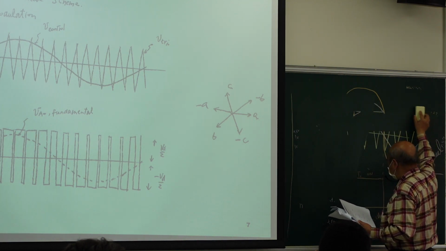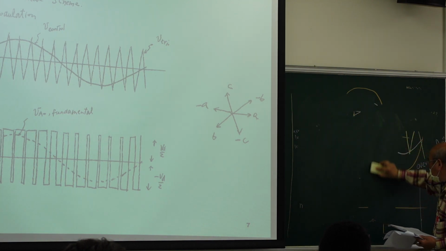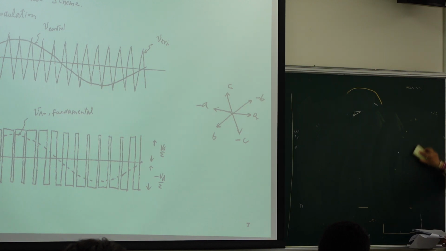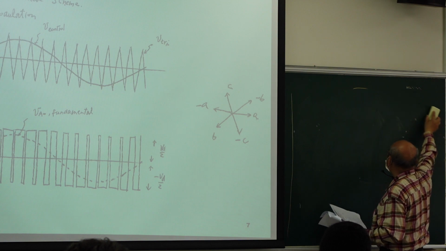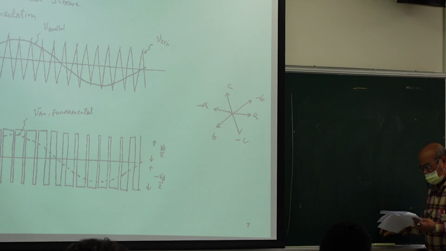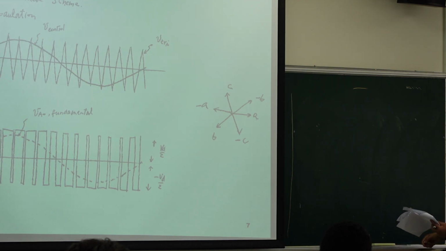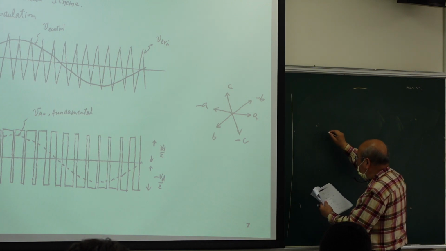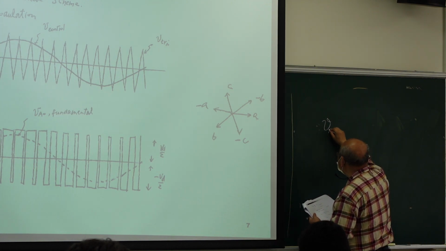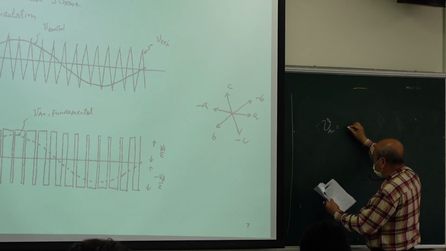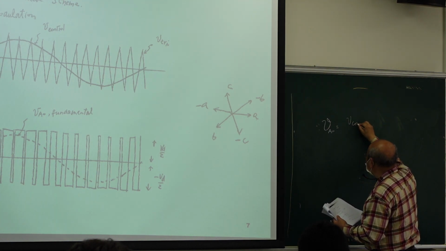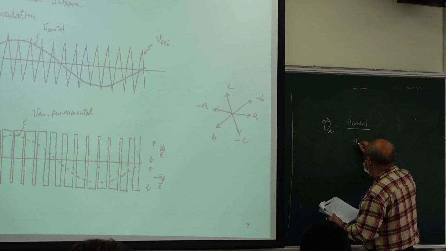So now we can use triangular. We can use sine wave. We can design an operational amplifier to compare, so then we can determine T1 on or T1 from on. So what is your output voltage? Your output voltage is equal to V control divided by V triangular.